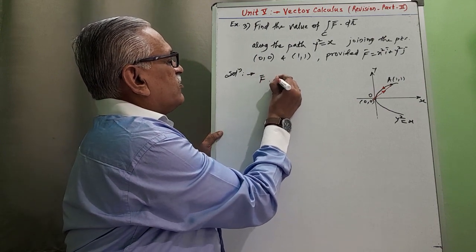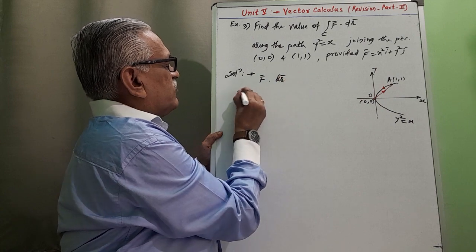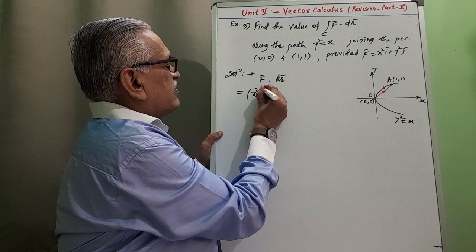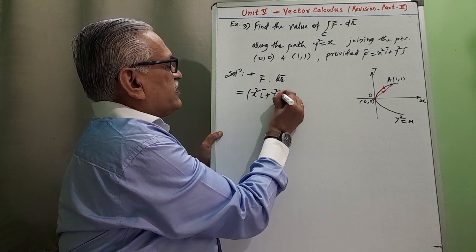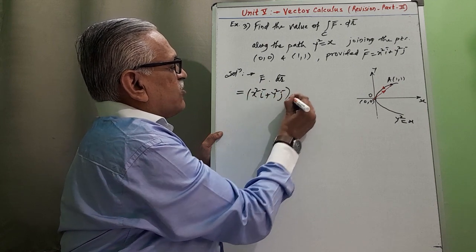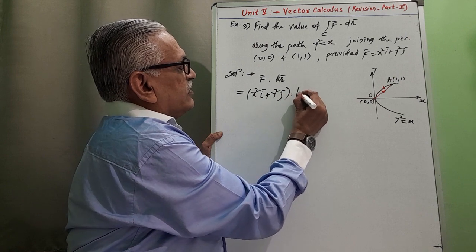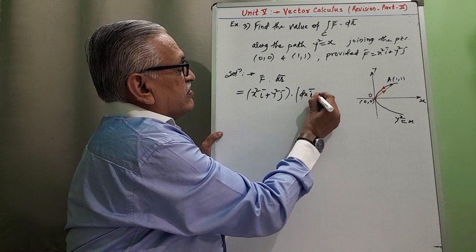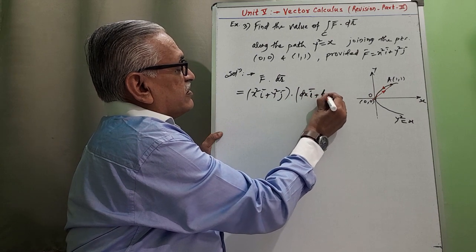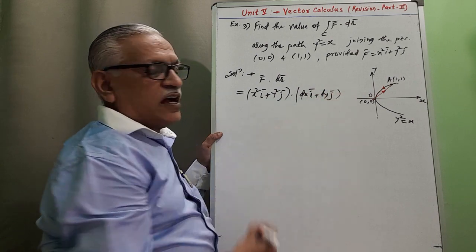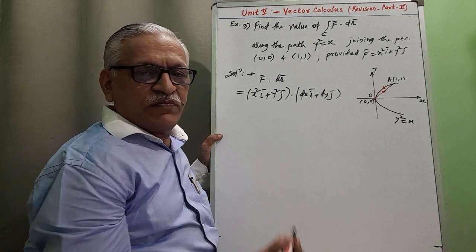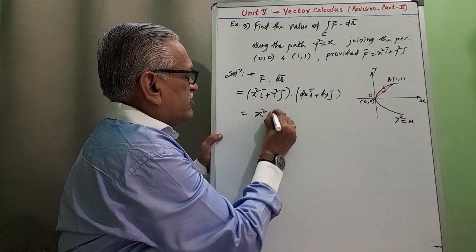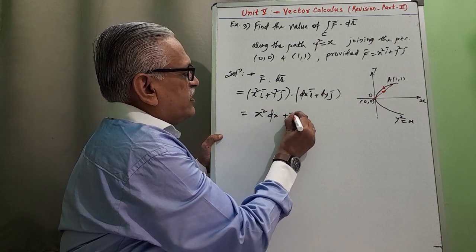F bar dot dr bar is equal to x square i plus y square j, a dot product with dr bar, which is dx i plus dy j. A dot product of two vectors is a1 b1 plus a2 b2, and therefore it is x square dx plus y square dy.